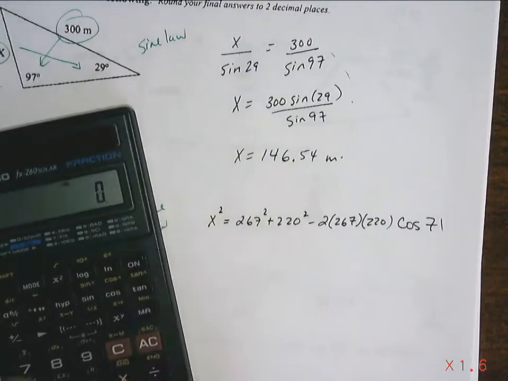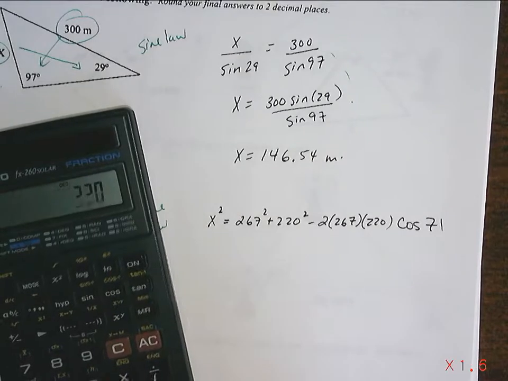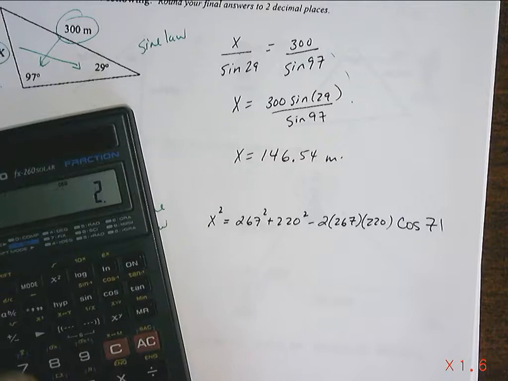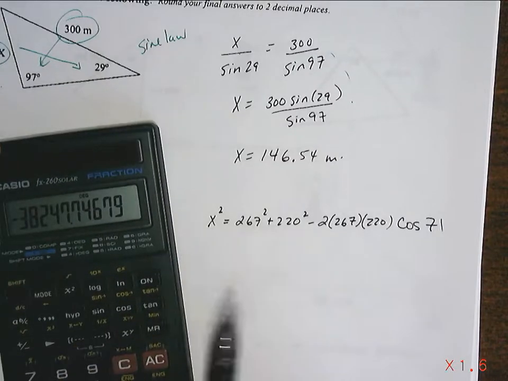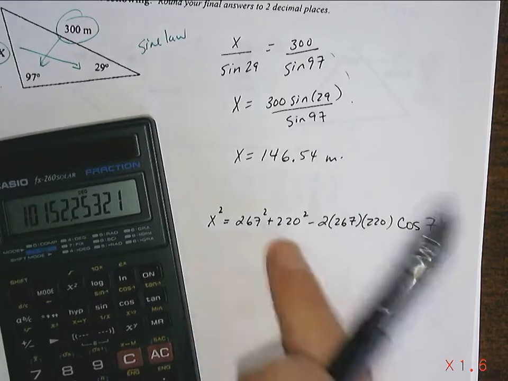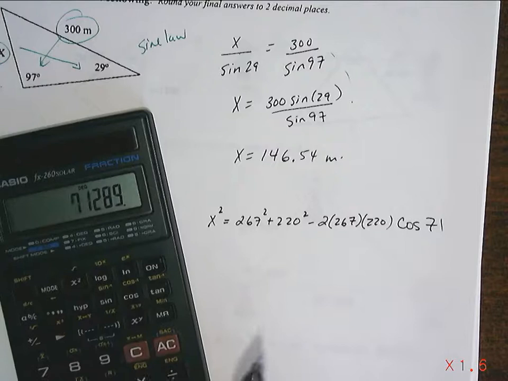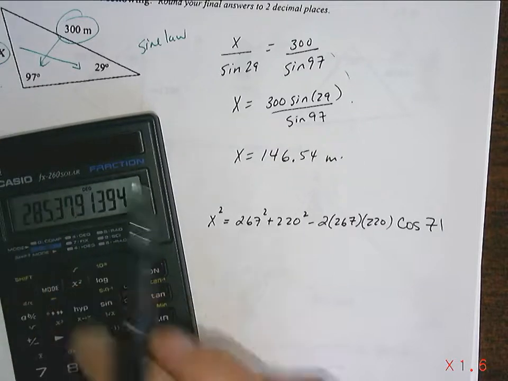My next one would be 71 cosine times 220 times 267 times 2, negative. So that whole thing is this number. I'm going to add to it 220 squared, and add to it 267 squared. I'm going to come up with this whole number, and I'm going to square root it.